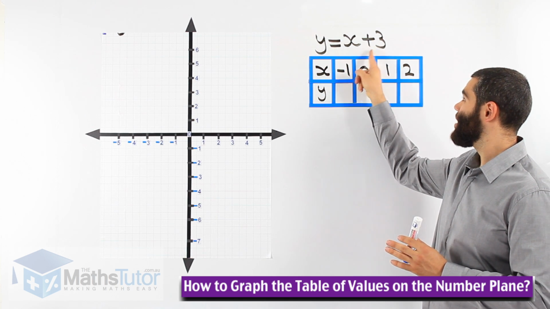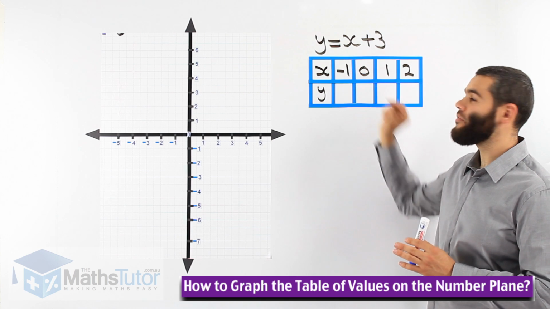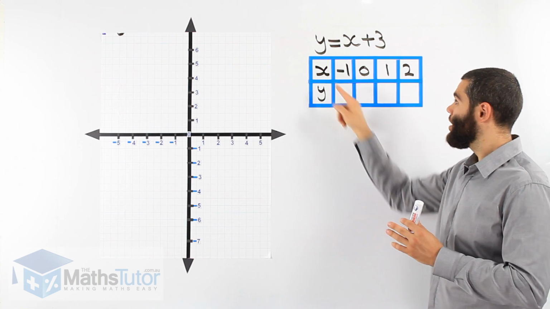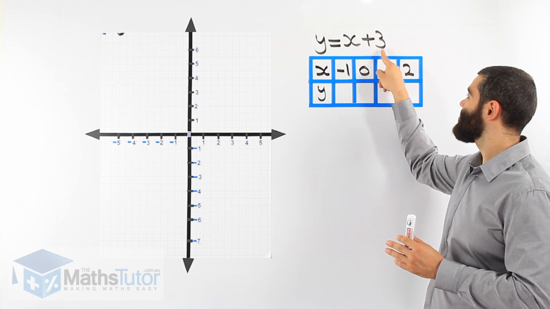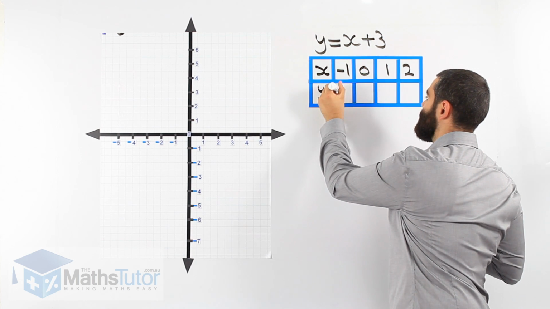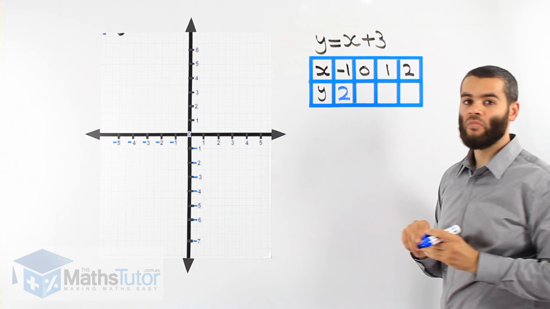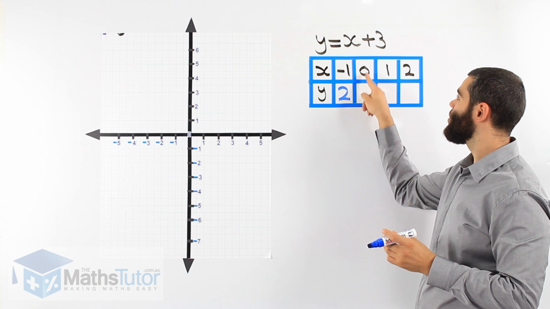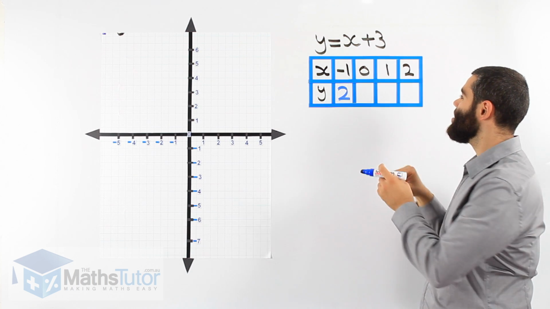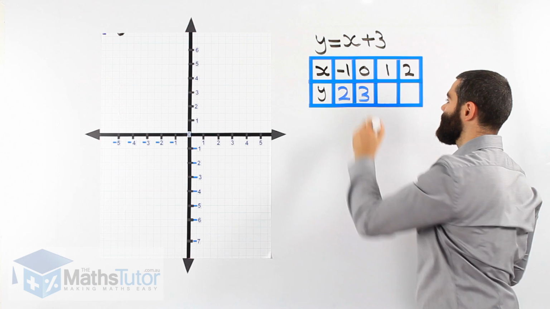y equals x plus 3. Well, we know that we have to substitute and replace. x in the first one is -1. -1 plus 3, y will be 2. The next, x equals 0, so we replace x with 0. 0 plus 3 is 3.